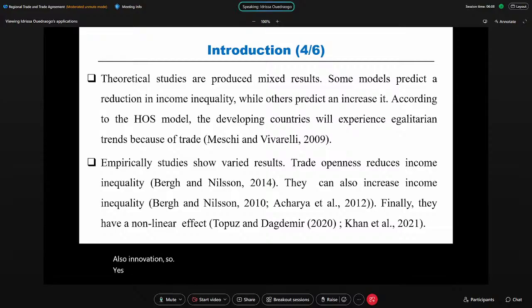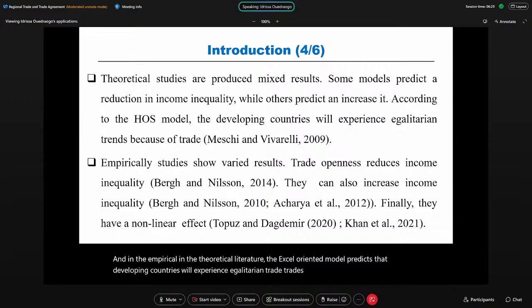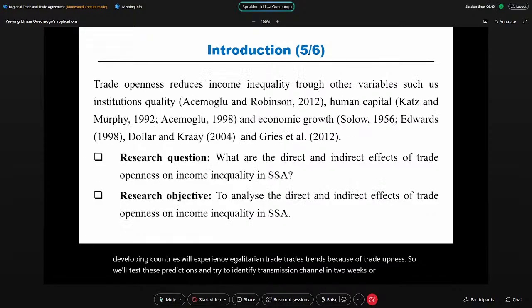The empirical studies showed mixed results, and in the theoretical literature, the Heckscher-Ohlin model predicts that developing countries will experience egalitarian trade trends because of trade openness. So we test these predictions and try to identify the transmission channels through which trade can reduce income inequality in Africa.